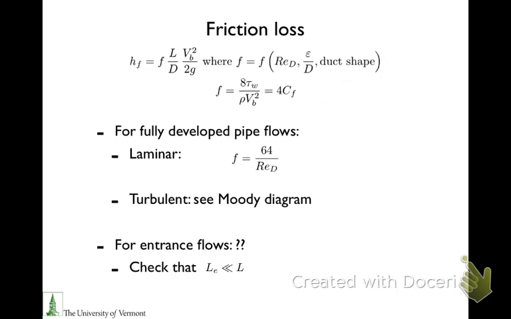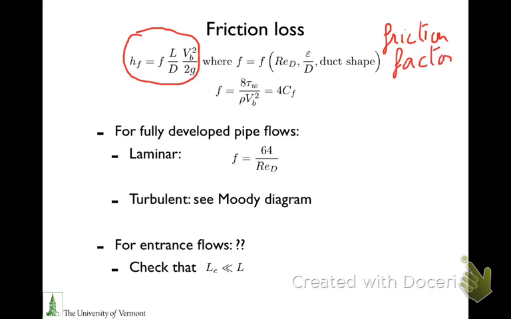Now, friction losses are defined by this relation, and here L is the length of the pipe, D is the diameter of the pipe, g is the gravity, f is the friction factor.